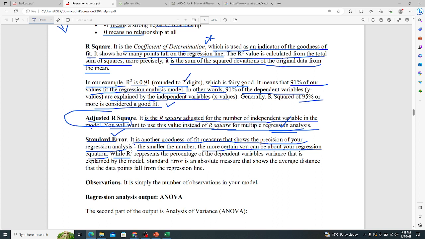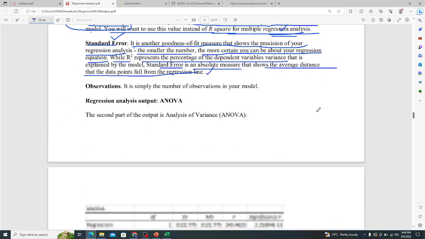While R squared represents the percentage of the dependent variable variance that is explained by the model, standard error is an absolute measure that shows the average distance that the data points fall from the regression line, meaning all our data points are along or not far from the regression line.